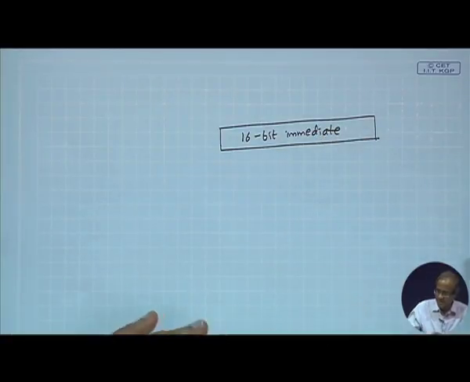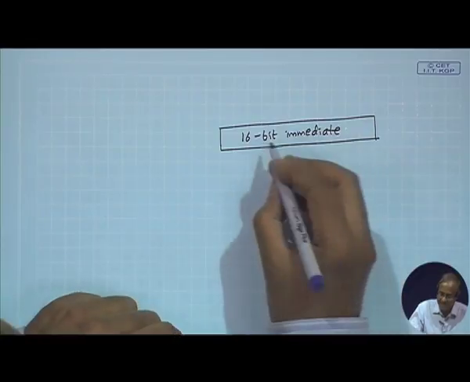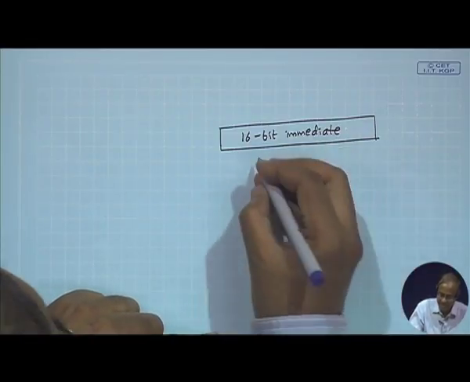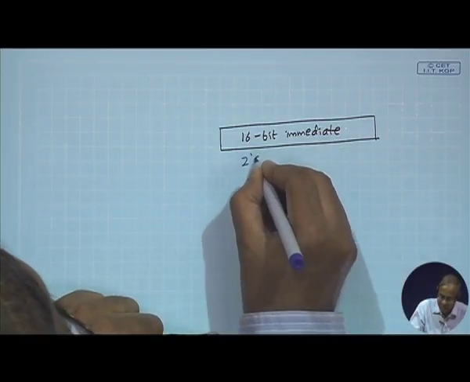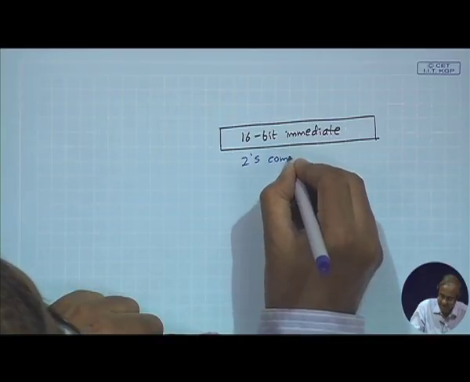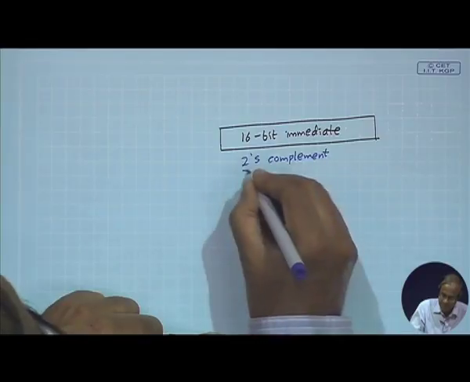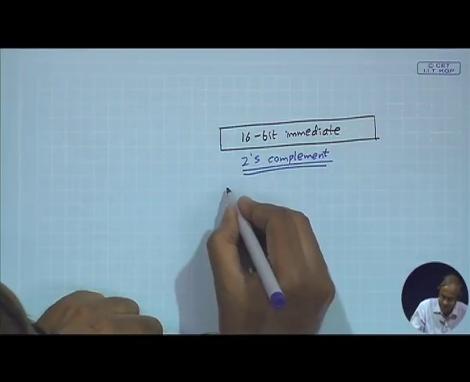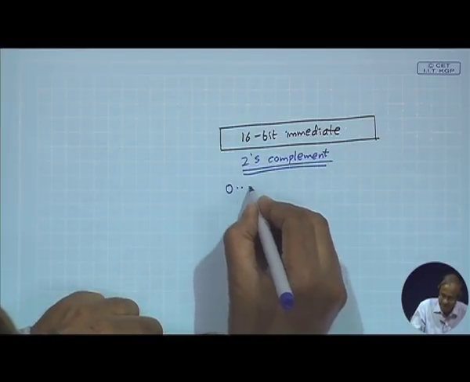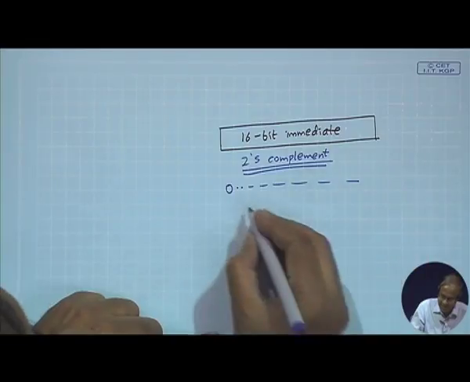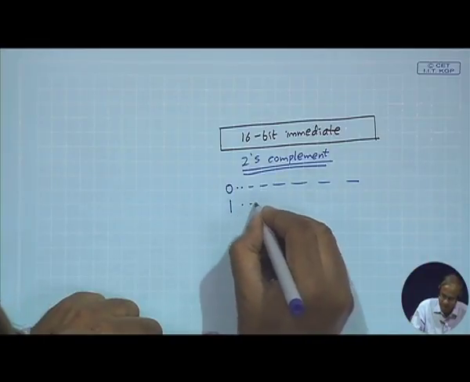Now, this 16 bit immediate field is considered to be a signed number in 2's complement. This is how it is regarded, a 2's complement signed number. So if the number is positive, it will start with 0, then anything. If the number is negative, it starts with 1, then anything.